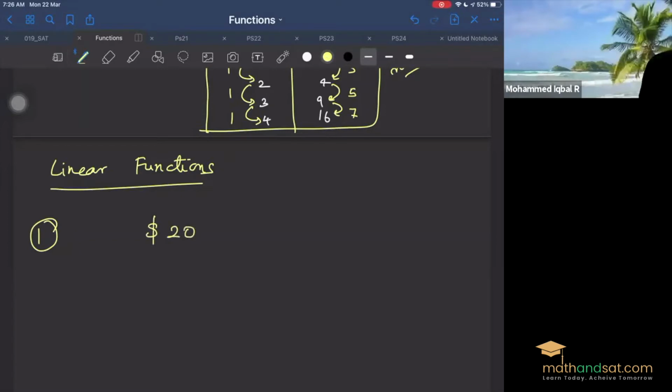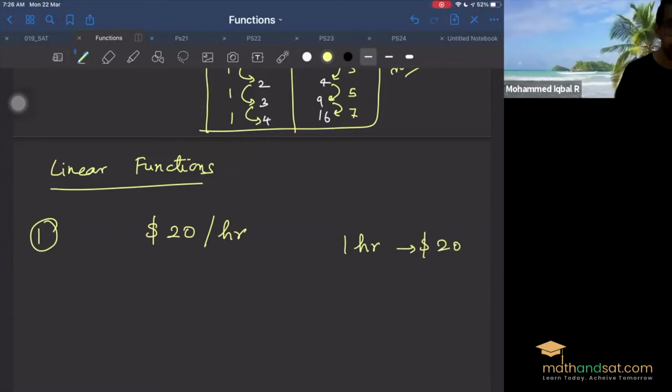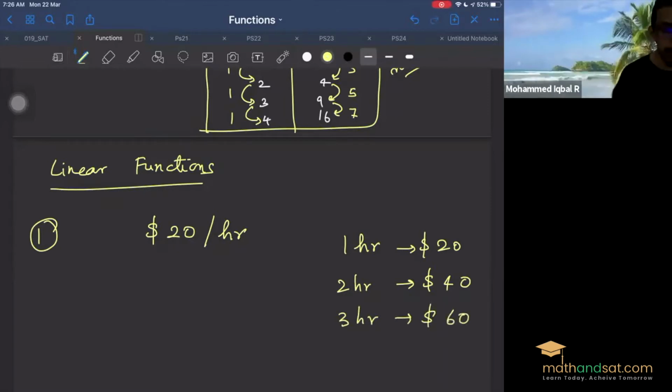So you're being paid $20 per hour. For 1 hour, you get $20. For 2 hours, you get $40. For 3 hours, you get what? $60.